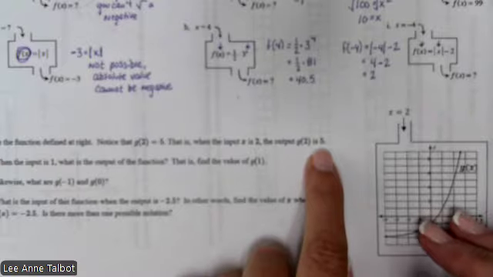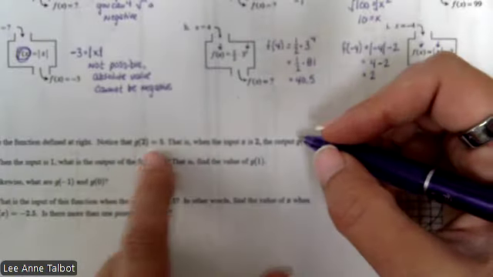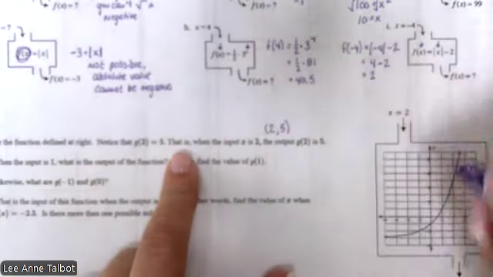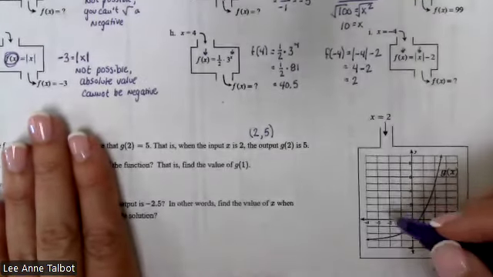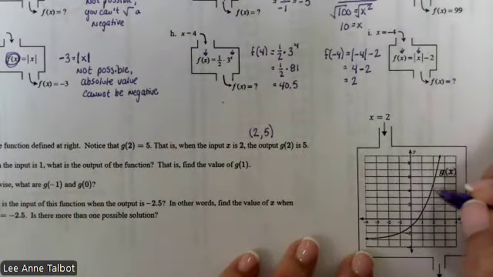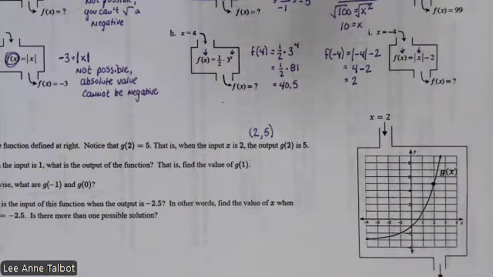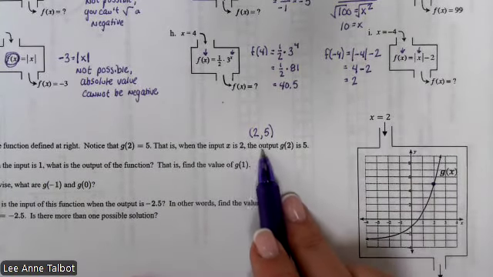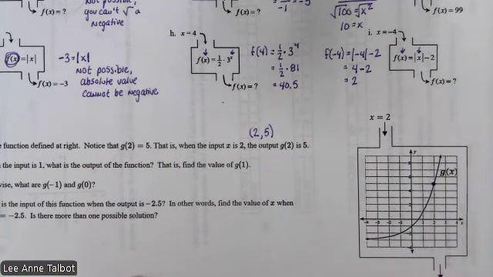All of that really complicated stuff means that x is 2 and y is 5. It's the coordinate (2, 5). So go find the coordinate (2, 5) and put a dot there. That's what all of that crazy math language was saying. It's saying when the input is 2, the output g of 2, which is the y coordinate, is 5.